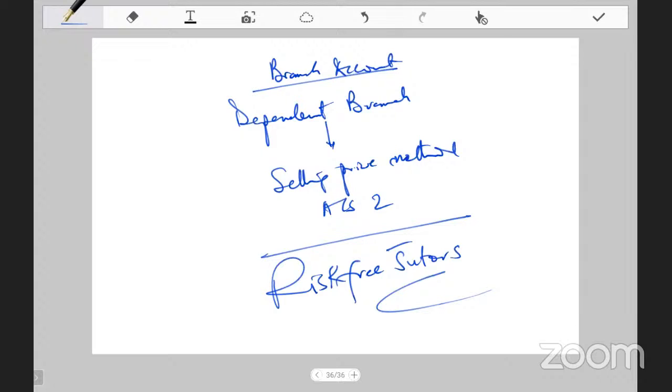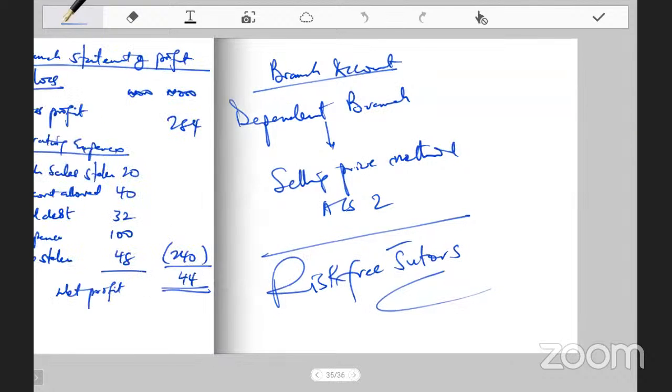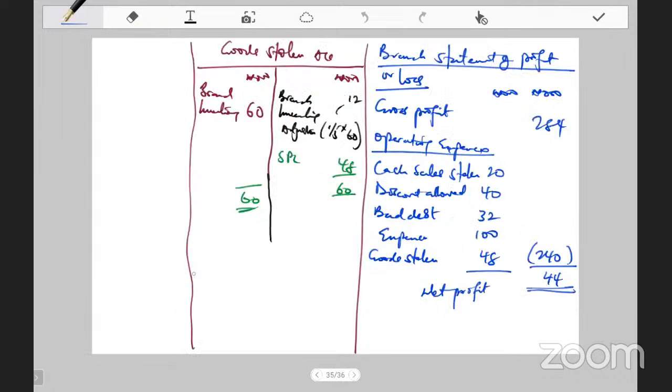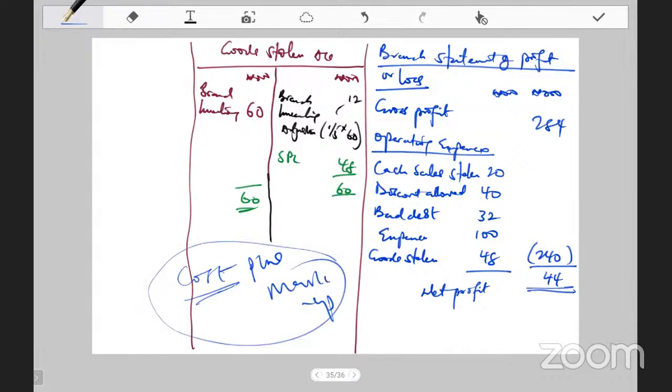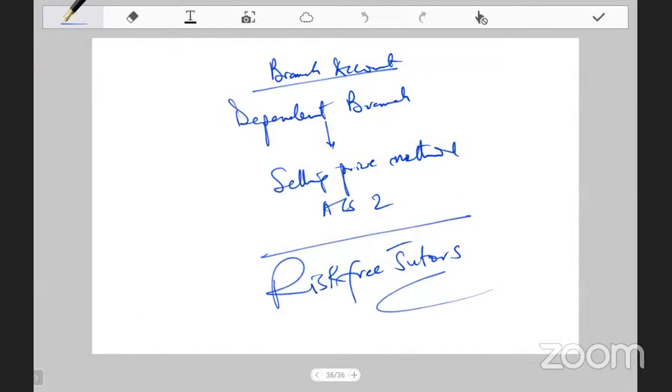So, like what I told you yesterday, the keyword anytime you are given the question is, once you see the word cost and you see the word plus, that is telling you that you are required to do markup. So any question about that?